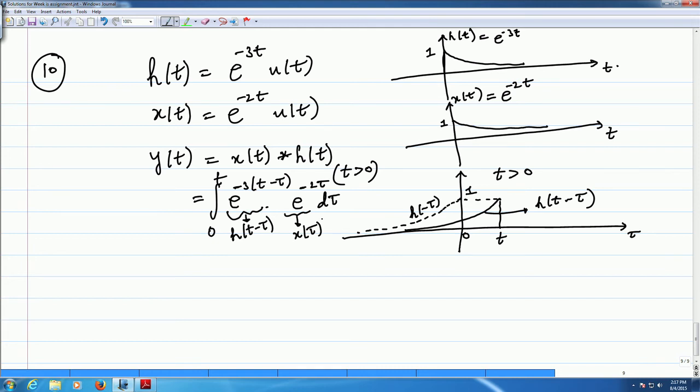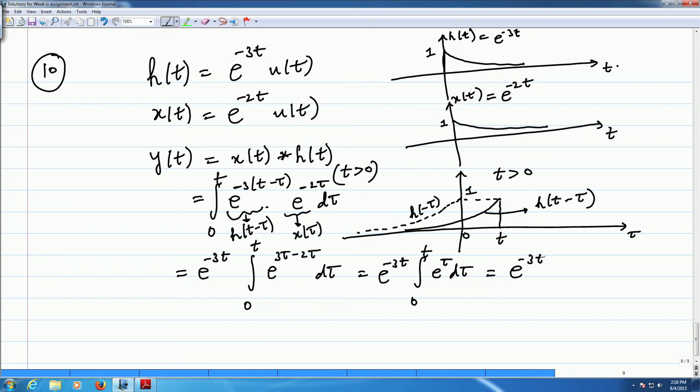Okay. So, now one needs to simply evaluate this. So, you see this integral is actually over tau, and t simply gets out of the picture. So, you can pull the e power minus 3t out, and you simply get integral 0 to t e power 3 tau minus 2 tau d tau. Okay. So, and that is simply, I am sorry, let me just write that once again more carefully. That is simply e power minus 3t integral 0 to t e power tau d tau, and the integral of e power tau is simply e power tau itself.